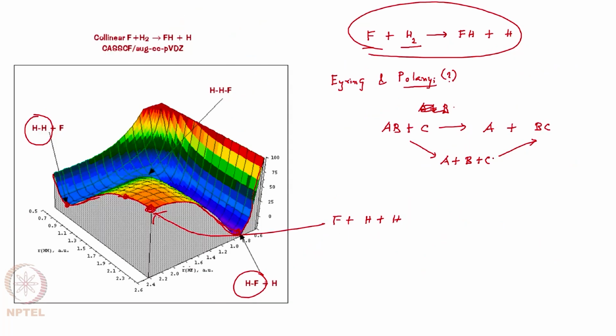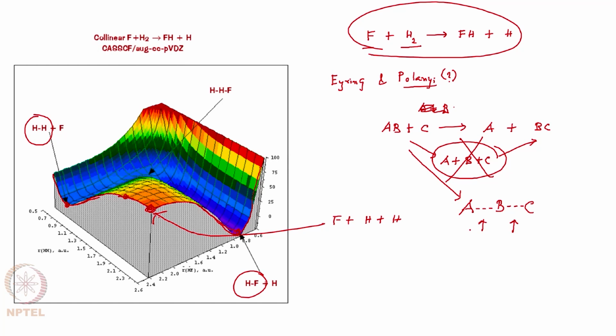So what they said is that this path going to A plus B plus C doesn't occur, because it is a very highly energetic path. Rather you have a kind of intermediate, although we will make a distinction that it's not an intermediate. Why is it not an intermediate? You have formed something like an ABC adduct, where neither the AB bond is broken completely nor the BC bond has formed completely.